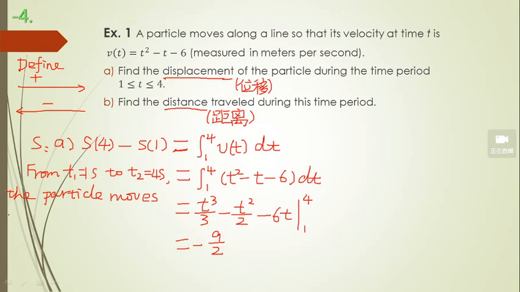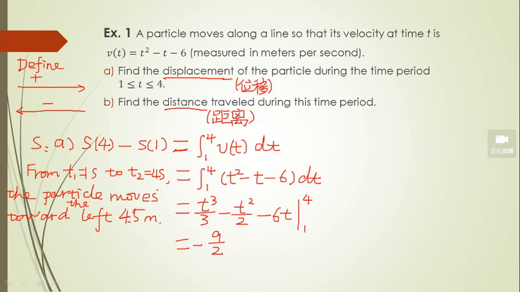That means the particle moves toward the left, from right to left, minus 4.5 meters. This is how we understand the position change giving a negative number. So it moves toward the left 4.5 meters.